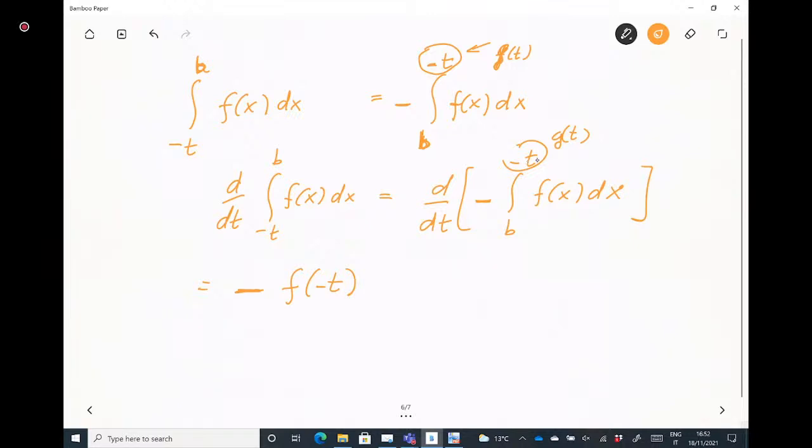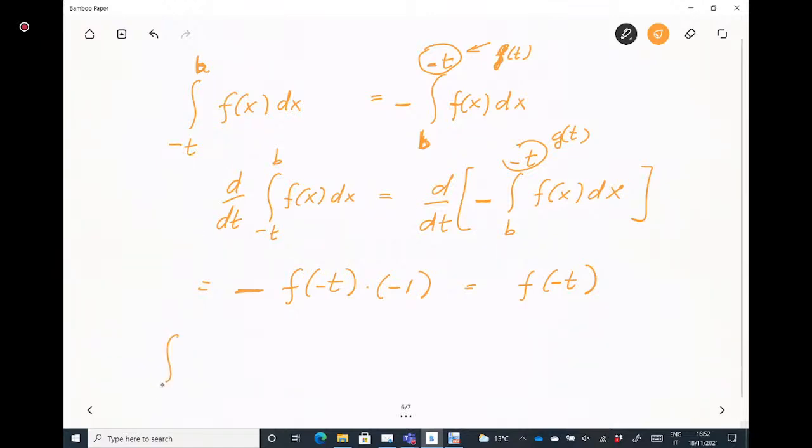It is a function of t, so you have to multiply by the derivative of this function of t with respect to t, and at the end you have f of minus t. This is the derivative of basically your original integral.